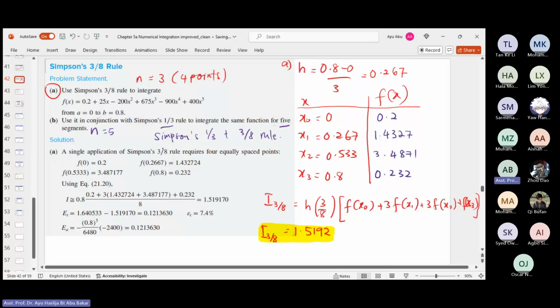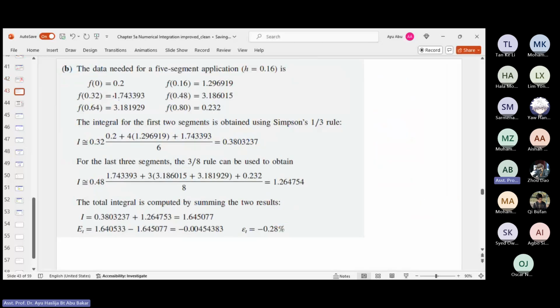Later on, the total integration will be the summation of the integration of 1/3 and the integration of 3/8. So this is the data that you need. 5 segments, n equals 5. We need to know what data you need.